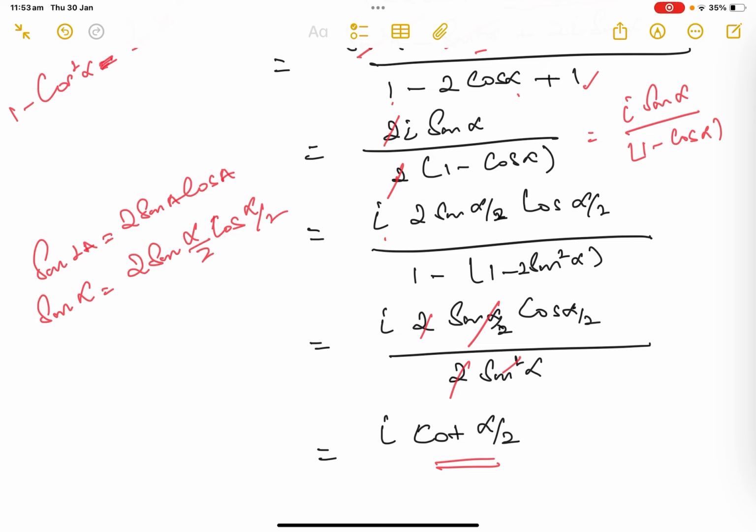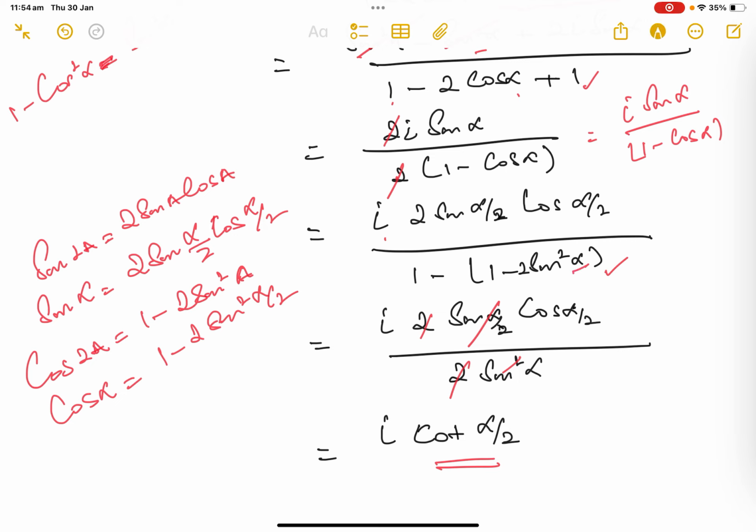And in the denominator, cos 2a equals 1 minus 2 sin squared a, so for cos alpha I put 1 minus 2 sin squared alpha by 2. So it is i times 2 sin alpha by 2 cos alpha by 2 over 1 minus (1 minus 2 sin squared alpha by 2).